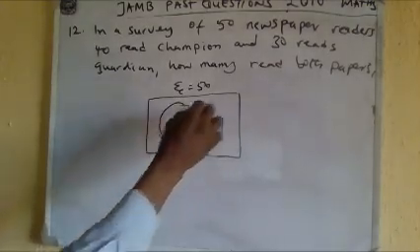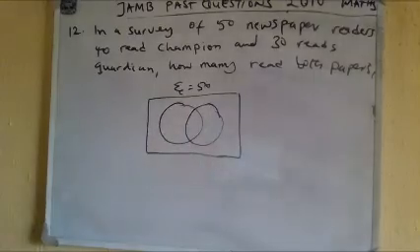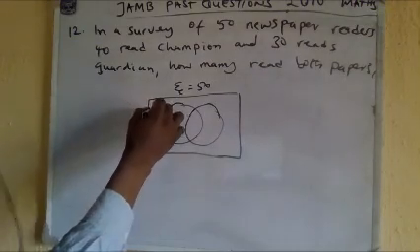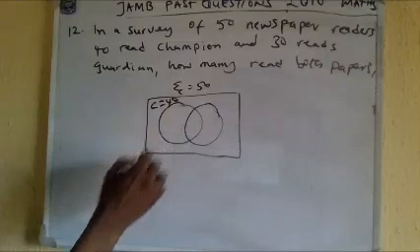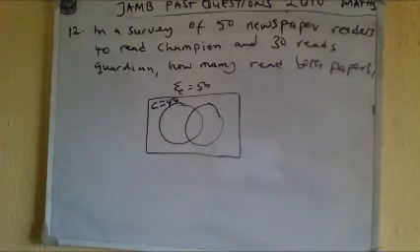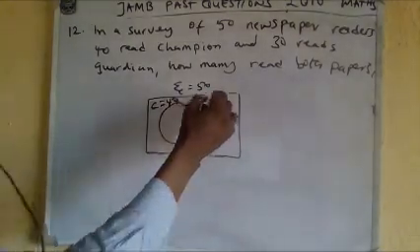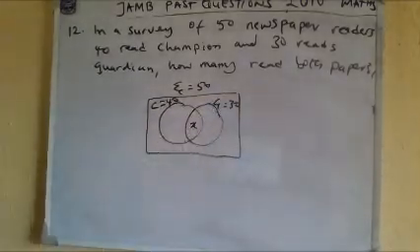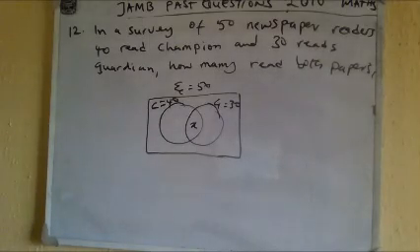Those that read Champion, 40 read Champion, so C is equal to 40, and G is Guardian, 30. So what is X? X is the intersection. How many people read both papers?